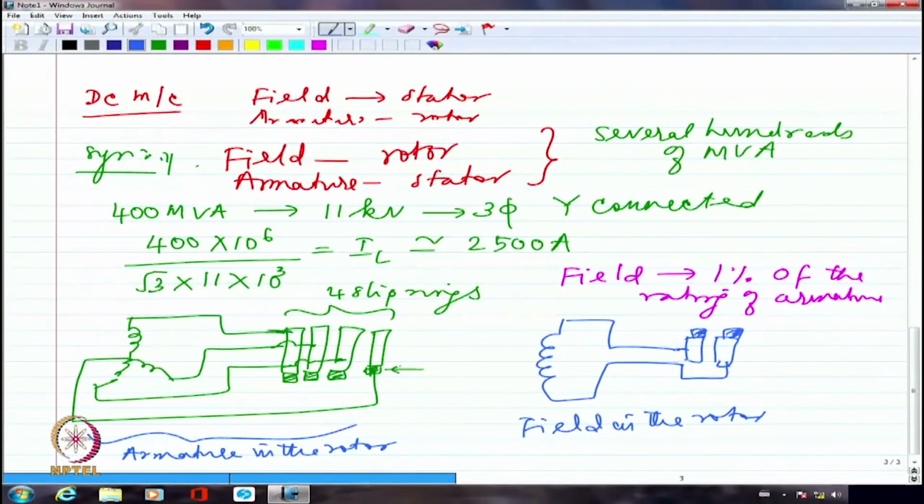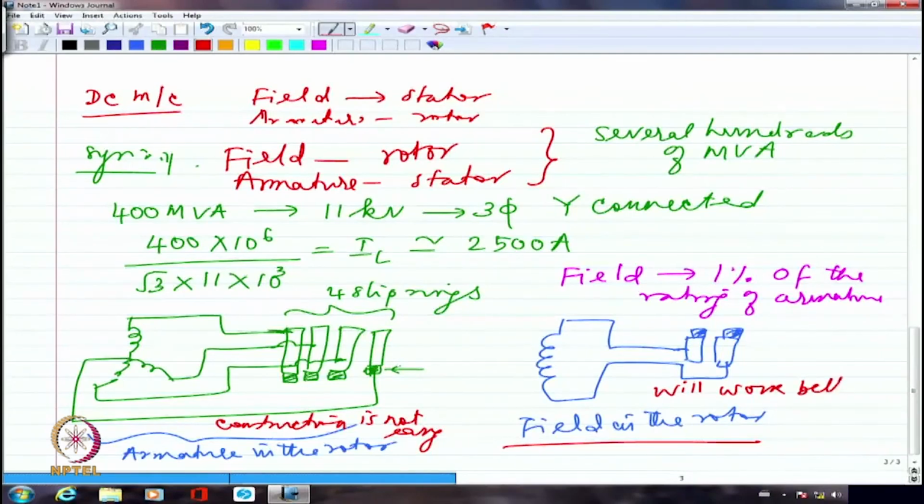So, we can have the other way around also, it would have worked, but this will be very, very cumbersome. The construction is not easy if it has to be in the rotor. Whereas here, field in the rotor will work better, because of the rating being lower, the terminals are only 2 and the currents are smaller.